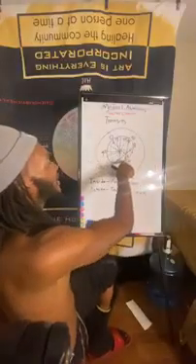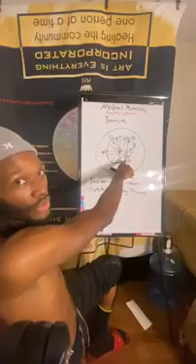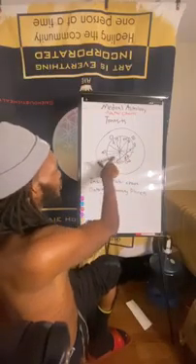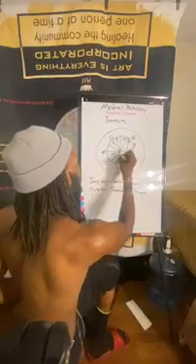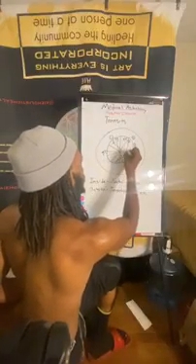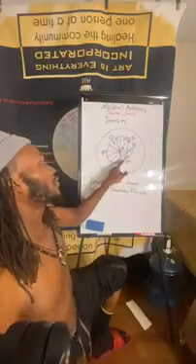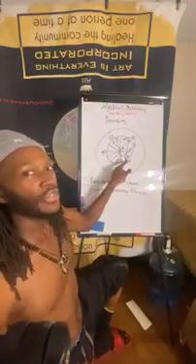So say your moon is here and it's in sextile with your Mercury in the 5th house, right? Remember, the 5th house is creativity.